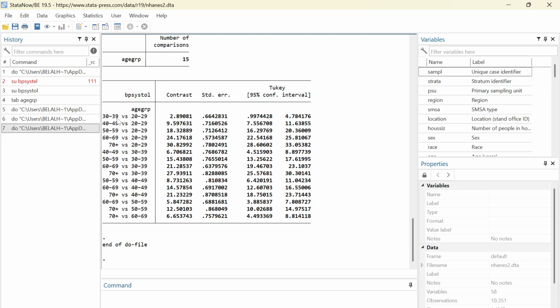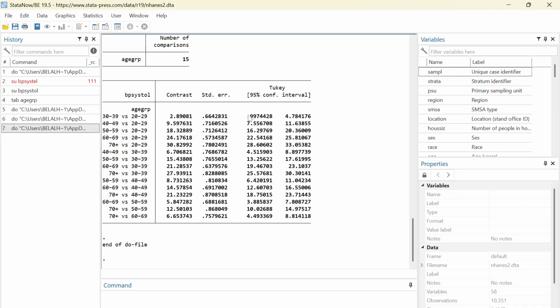So the 30 to 39 age group has a higher mean systolic blood pressure than the 20 to 29 age group, and that difference is statistically significant, because this confidence interval does not include 0.